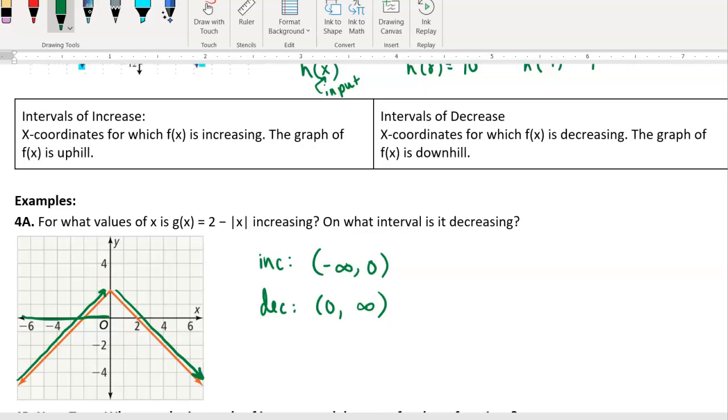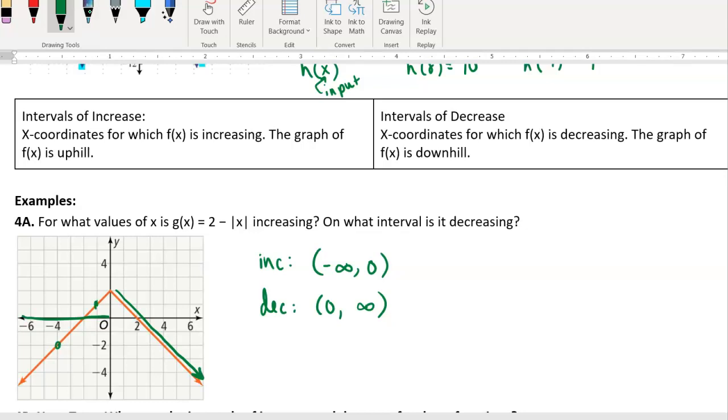So for example, if x were negative 4, y is negative 2. And then when x goes to negative 1, y is now at 1. So the y values have increased from negative 2 to 1.